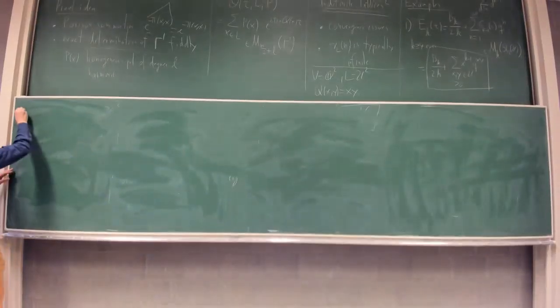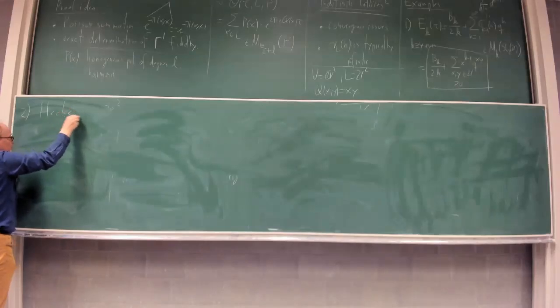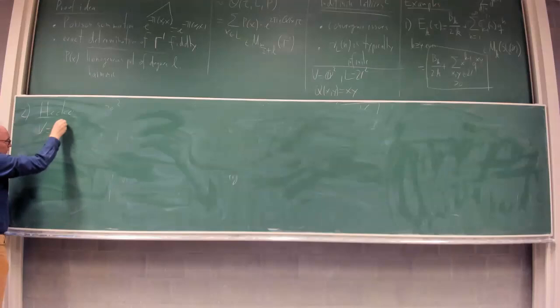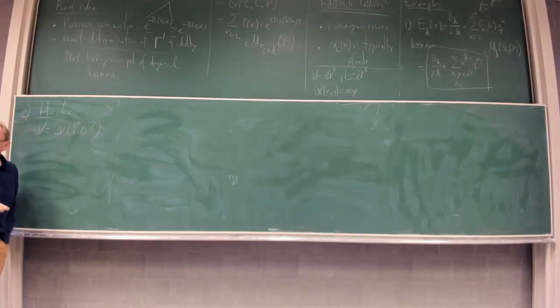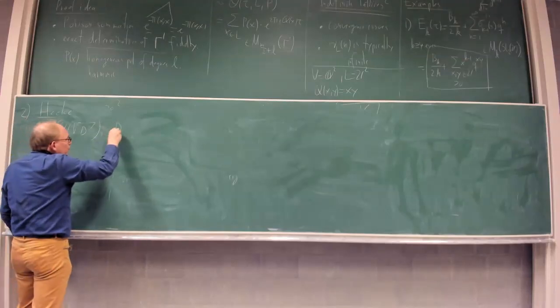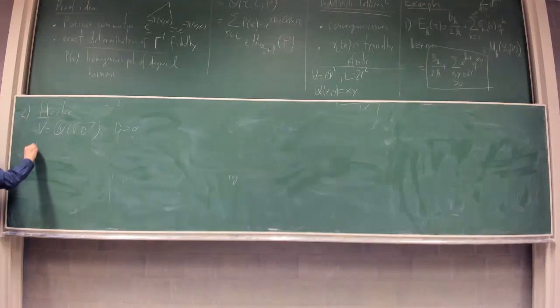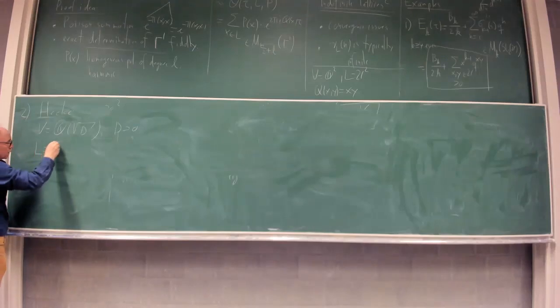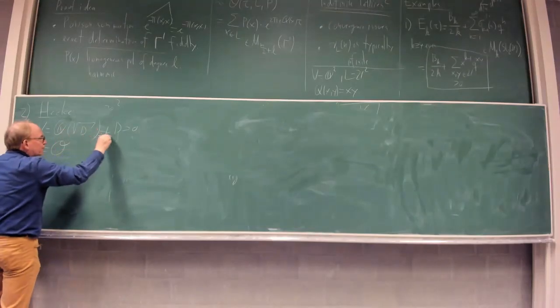Actually, that's the second example, which goes back to Hecke from the 1960s. In that case, V would be a real quadratic field. Your lattice L would be the ring of integers of K, of the field.